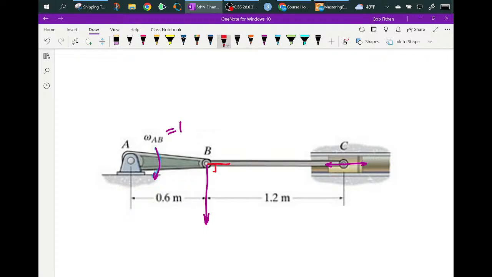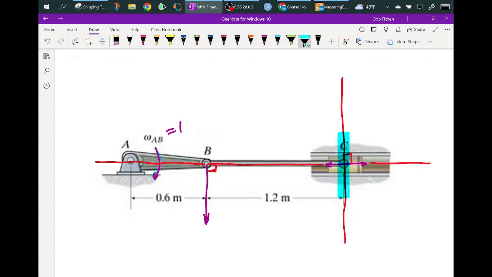You draw a perpendicular line to the known velocity and you extend it either direction. Then you go over, you draw a perpendicular line to another velocity, and you look for where they cross.